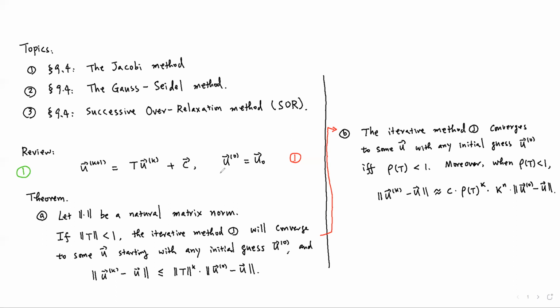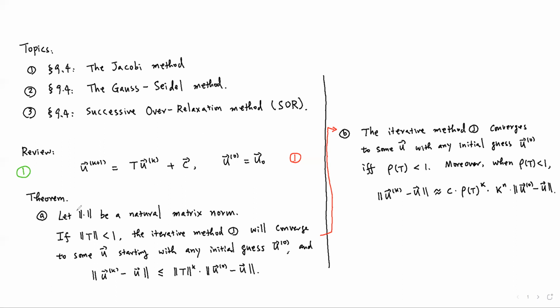Okay, let's review the methods from last time. We call the matrix T the iteration matrix and U0 the initial guess for the solution of a linear system.